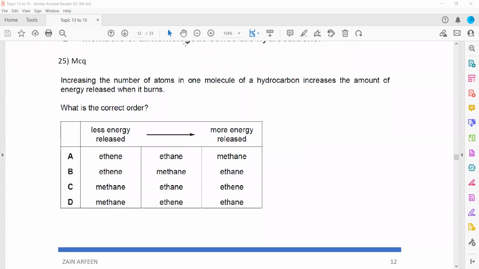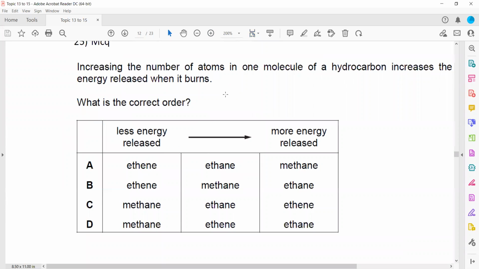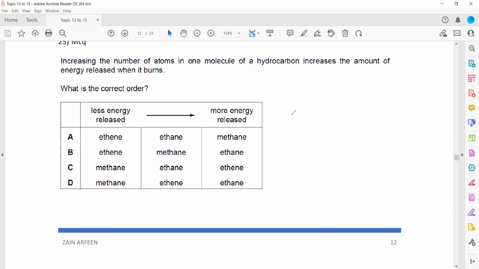Increasing the number of atoms in one molecule of a hydrocarbon increases the amount of energy released. What is the order? First you have to write the structure from the name, then write the molecular formula. Methane: meth means 1 carbon, and because it's an ane, the number of hydrogens is twice the carbons plus 2, so 1 multiplied by 2 is 2, plus 2 makes 4.